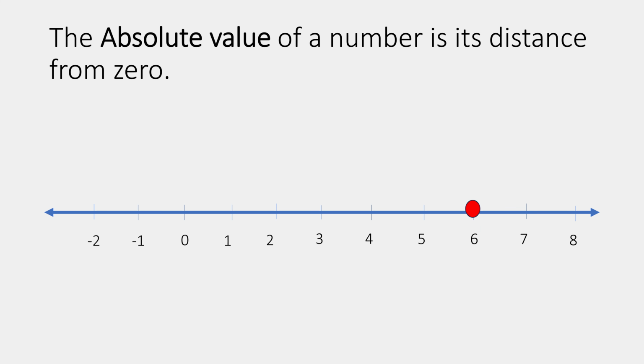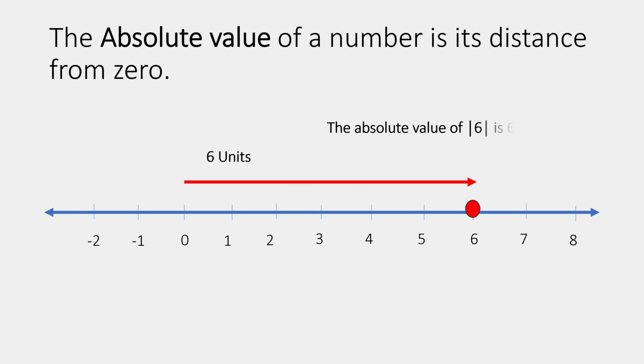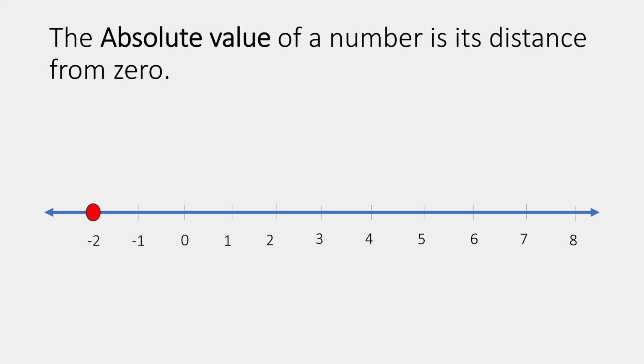Here we have the number 6 highlighted on a number line. The absolute value is the distance from 0 to 6. We move 6 units. The absolute value of 6 is 6. Let's make it a bit trickier and put a dot on -2.